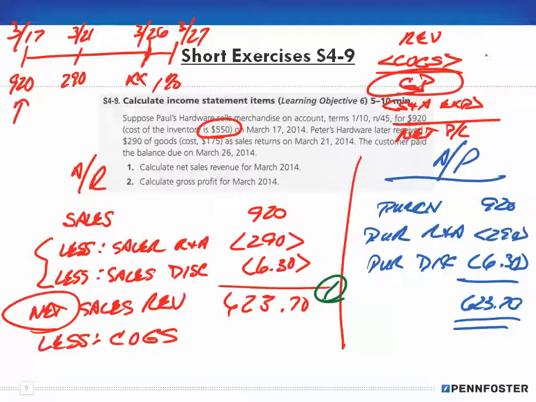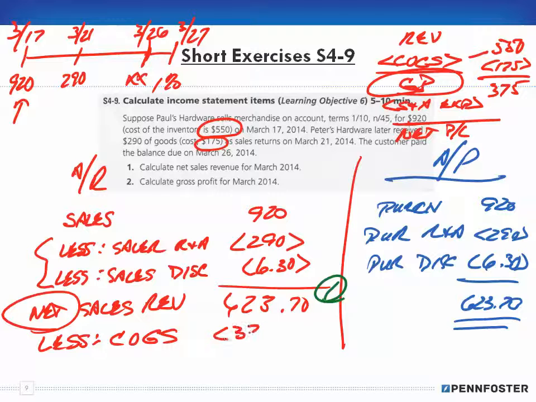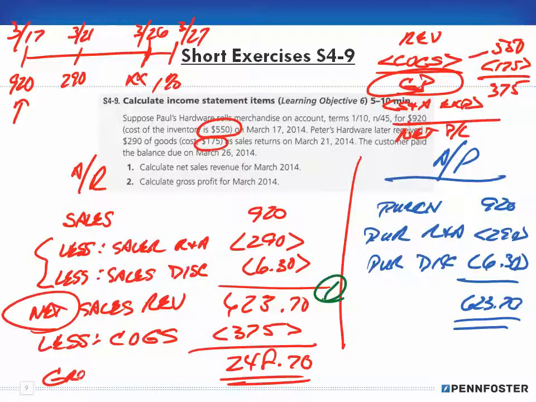However, we're looking at cost of goods sold here, so $550, but $175 was returned, so less $175, which means the cost of goods sold is $375. So we're subtracting $375 from the $623.70, and that gives us a gross profit of $248.70. And that's the solution for number 2.